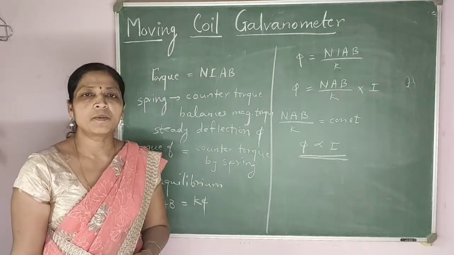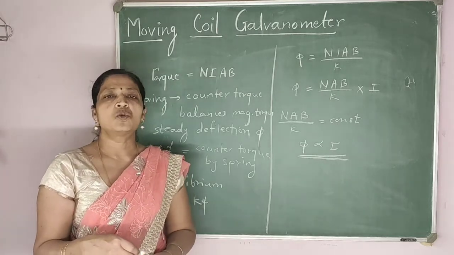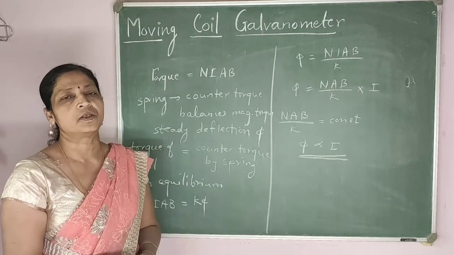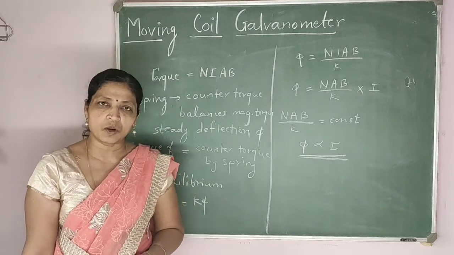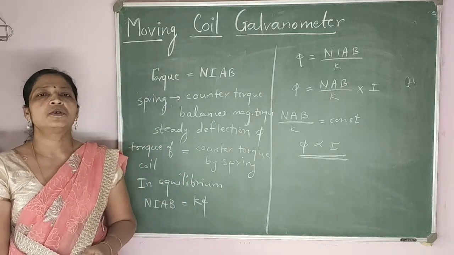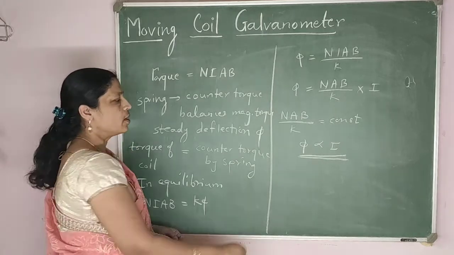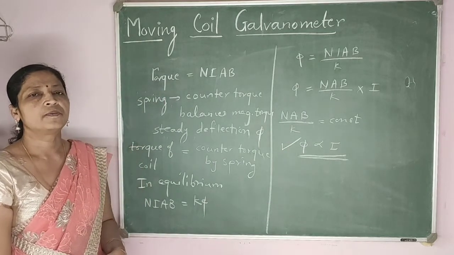As you have seen in a meter bridge or in a potentiometer, as soon as there is no current, the galvanometer will show null deflection. So the galvanometer is used to detect even a small current. It is used as an ammeter and as a voltmeter. Based on this, phi is proportional to I.